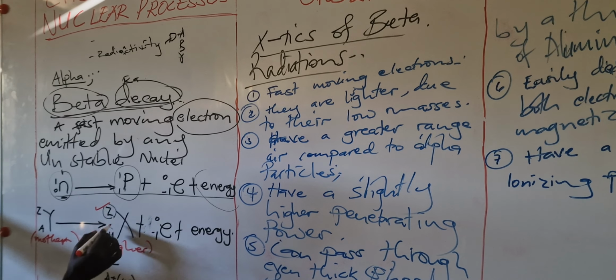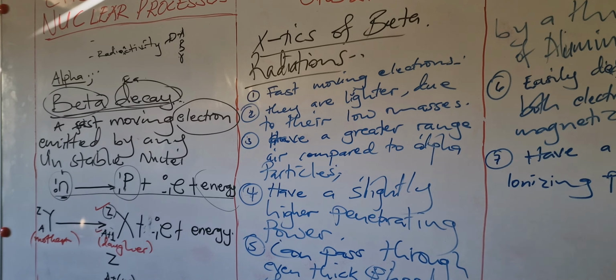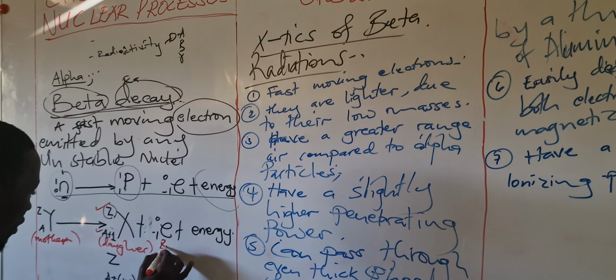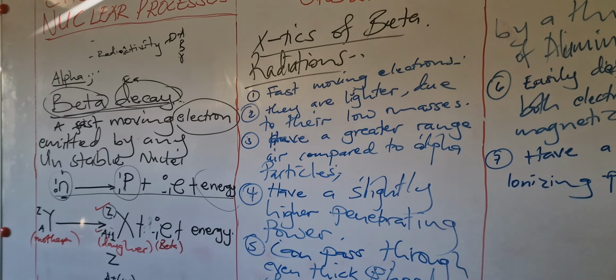Its mass number is not affected, but the atomic number is increased by 1. So this electron becomes the beta radiation.